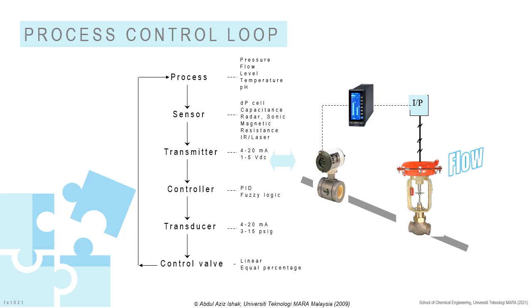As we discussed in the previous session, a control loop is a process management system designed to maintain a process variable at the desired set point. Each step in the loop works in conjunction with the others to manage the system. Common process variables controlled in chemical processes are pressure, level, temperature, and pH. Any deviation from the set point will be measured by the sensor and transmitter combination.